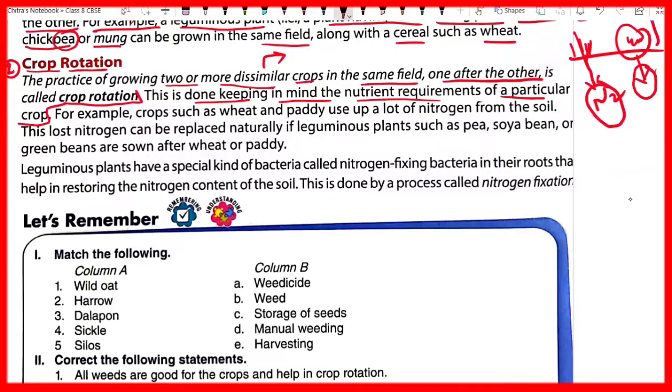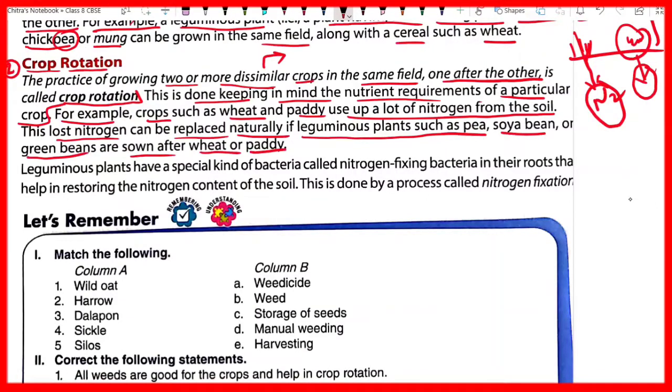Let's go through an example also. Crops such as wheat and paddy use up a lot of nitrogen. That's why we cannot grow wheat and paddy in alternate seasons. This lost nitrogen can be replaced naturally if leguminous plants such as pea, soya bean, or green beans are sown after the wheat or paddy crop.